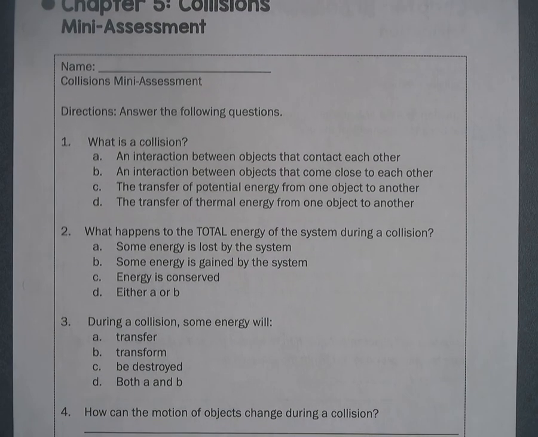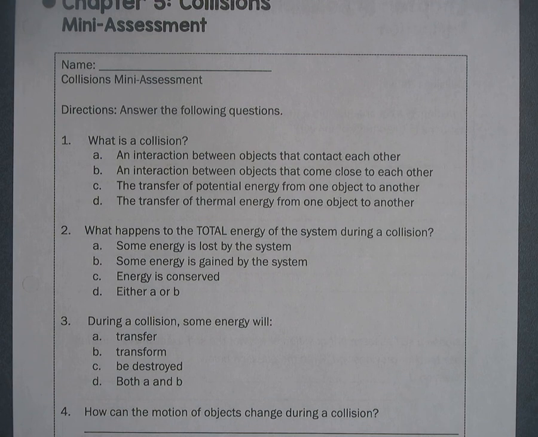The mini assessment has been typed into a Google form. If you don't want to use the Google form, you're welcome to complete this and turn it in to me when we return face-to-face next week. But I would strongly suggest just quickly answering the questions in the Google form and submitting it to me by the end of the day. First 3 questions are always multiple choice.